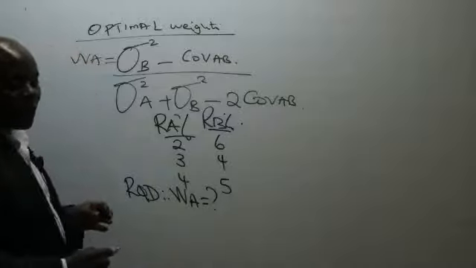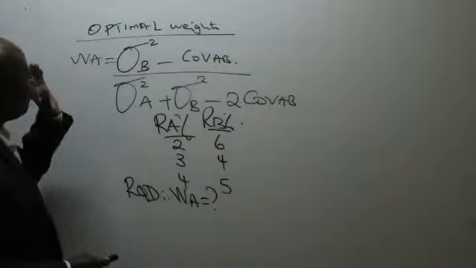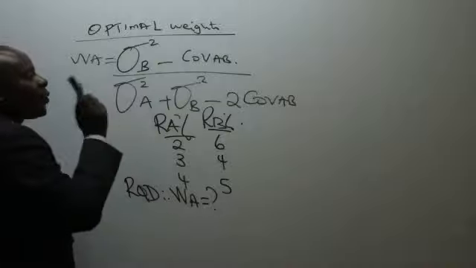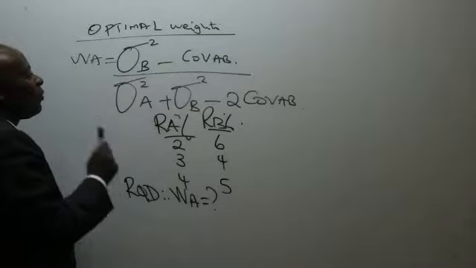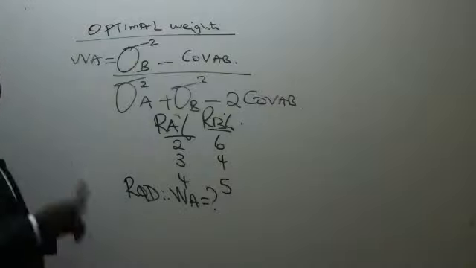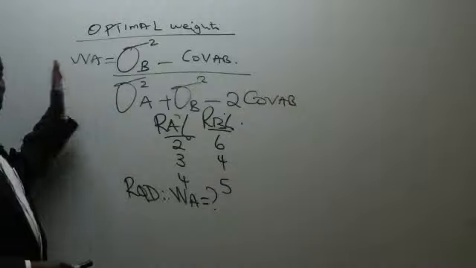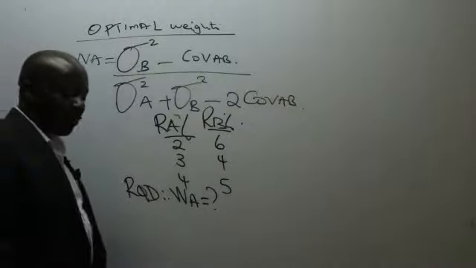What will be the weight of A? Remember, please, when they talk of weight of A, always start with the variance of B. If you confuse it, you get it wrong. There is that interchange. Whenever they talk of weight of A, we start with variance of B.